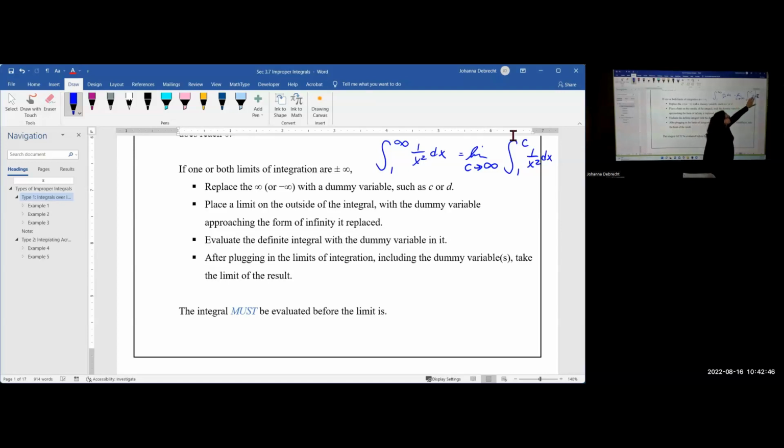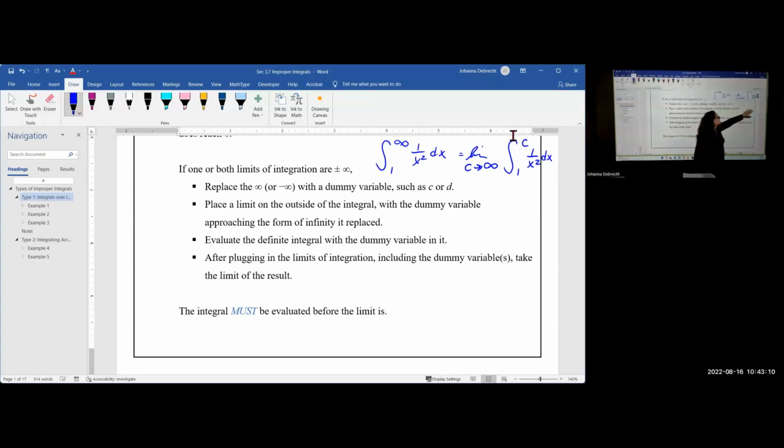Then I have to plug in the limits of integration. Remember that we do that. That's the fundamental theorem of calculus. We plug in the limits of integration, and we subtract the value with the upper limit plugged in minus the value with the lower limit plugged in. After I get a result, I've completely evaluated the definite integral, right?